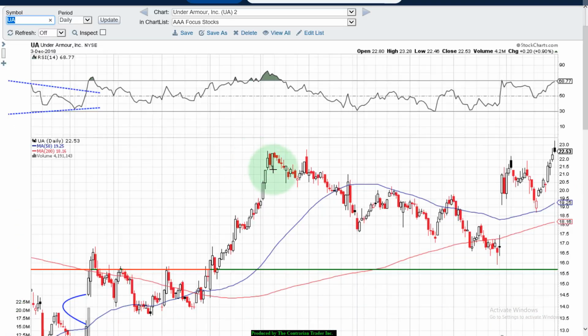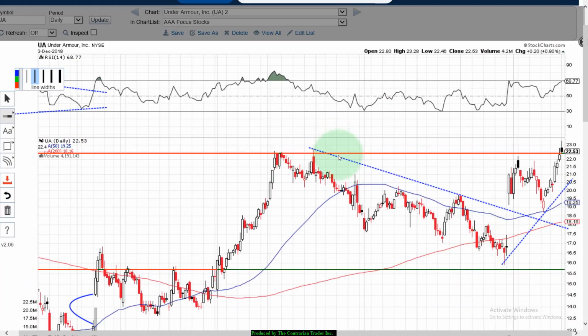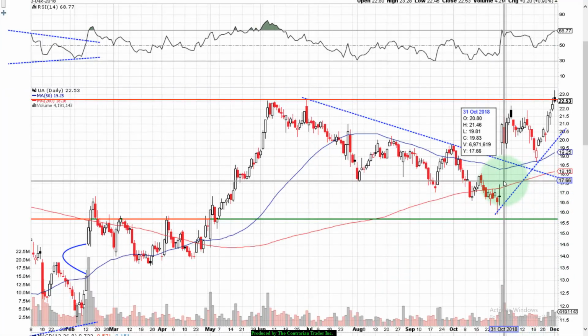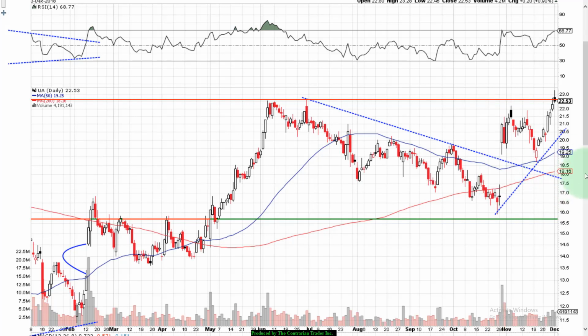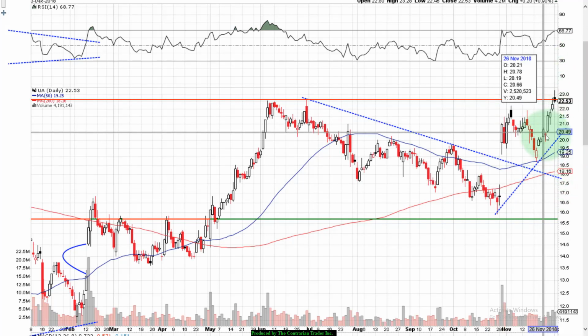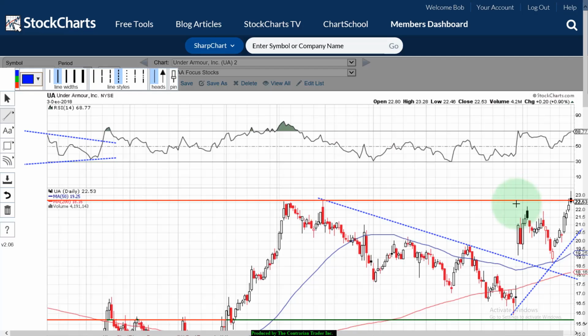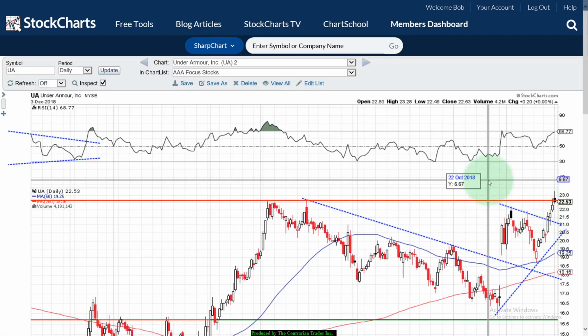All right, so on a daily basis, we're a bit extended here in that we've had a nice rally since this gap higher on the 30th of October. We've been consolidating nicely, but you can see that as we've been breaking out of this resistance level here, this triangle formation, we're doing so with not a lot of conviction.